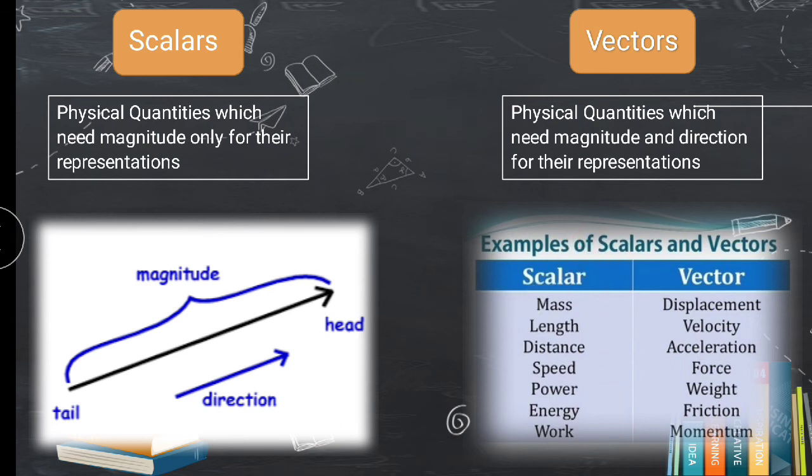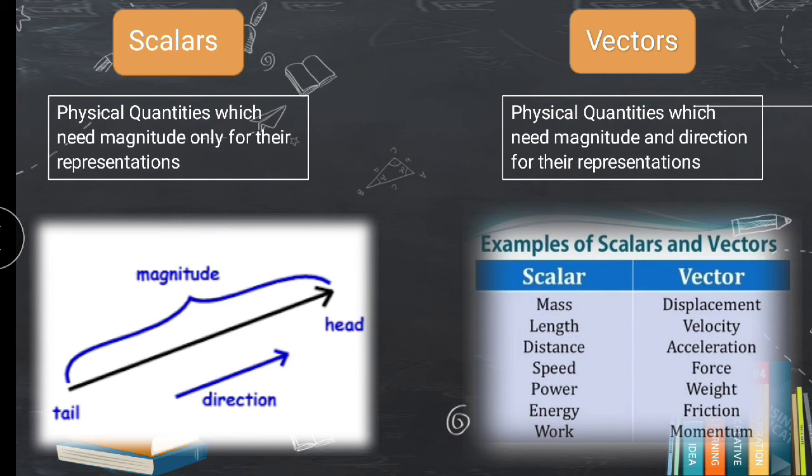Again we are going to take one example, that is length, right? If I instruct you to measure the length of the bench, what will you do? You will take a scale, and with the help of that you can measure the length of the bench in centimeters, right?